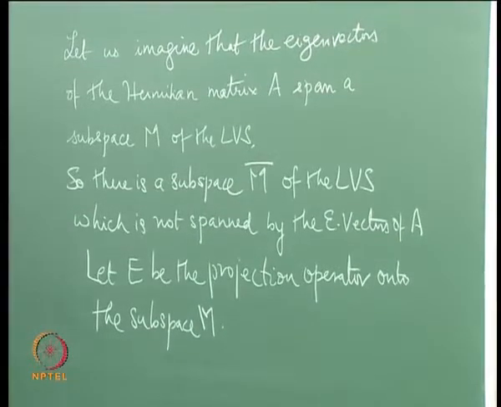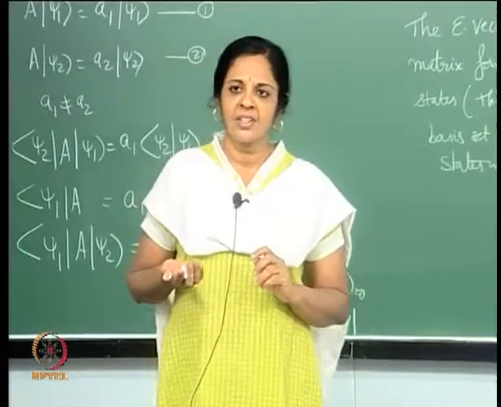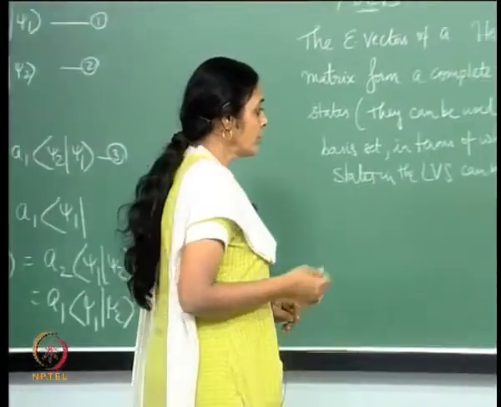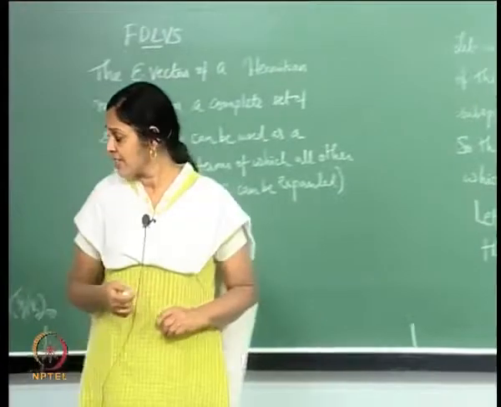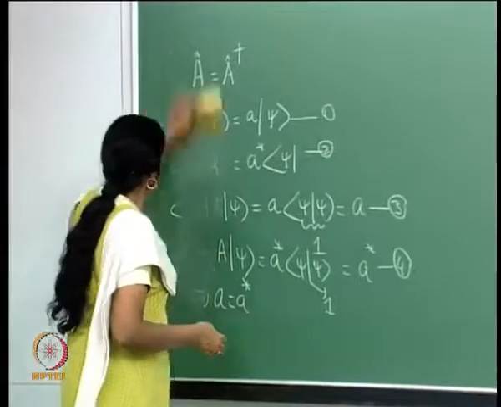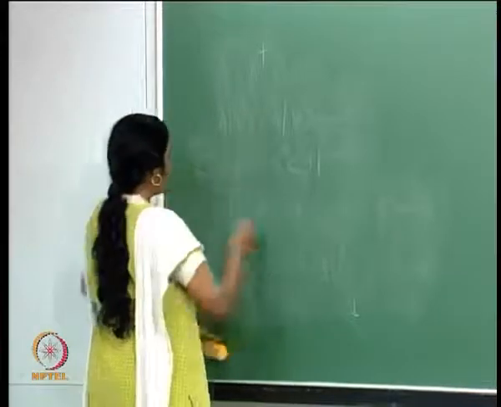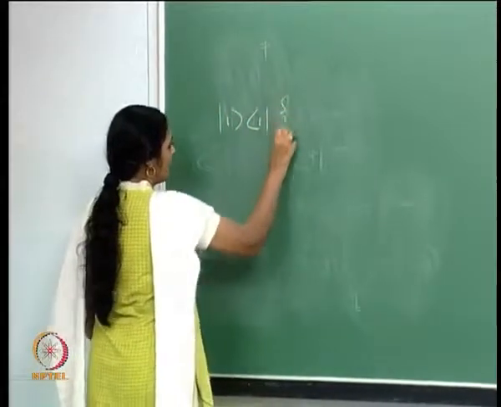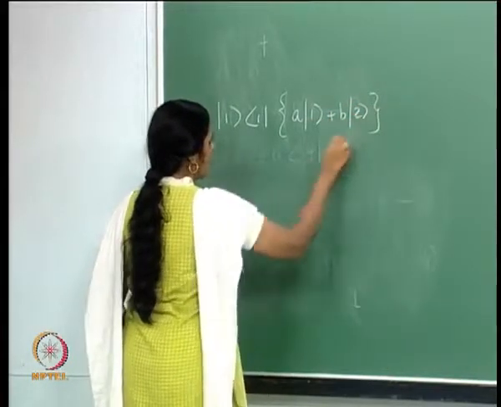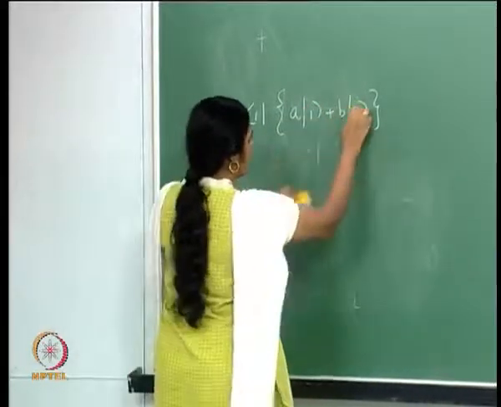Let me quickly recapitulate what is meant by a projection operator. We have seen projection operators both in the context of the 2-level system and the 3-level atom. So if you recall, in the case of the 2-level atom, the projection operator |1><1| for instance would act on any arbitrary state A times ket 1 plus B times ket 0 for instance.